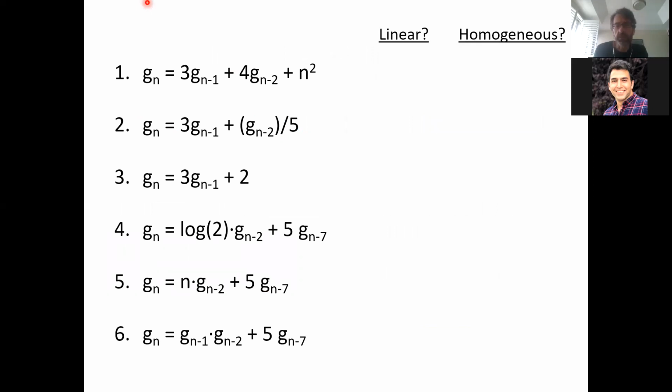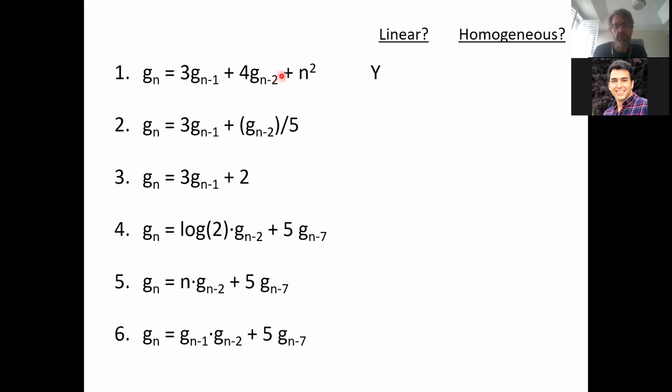Okay, so let's try to test how we would do this, right? So here's a bunch of functions. So let's see which one is linear or not. Okay, so the first one, linear, where you can type, I guess not many people were typing, but it is linear, right?